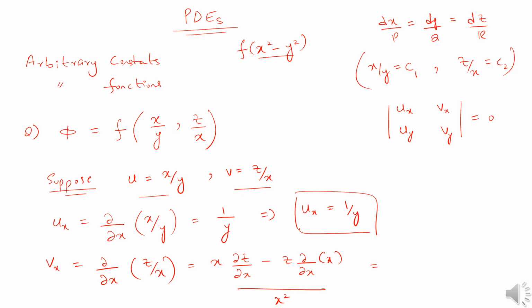So we will get xp, because we can write p in place of this, minus z over x squared, because the partial derivative of x will be 1. So vx equals xp minus z over x squared. So we found ux and vx, and the next step is to find uy and vy.